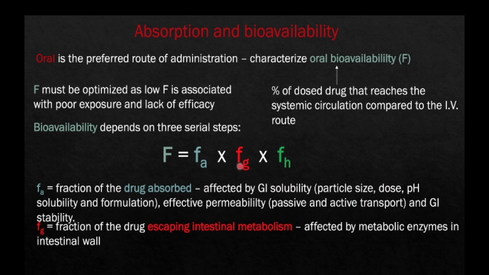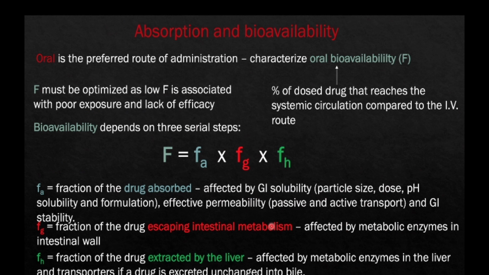Fg is the fraction of the drug escaping intestinal metabolism, and that's affected by metabolic enzymes in the intestinal wall. And Fh is the fraction of drug extracted by the liver. That's affected by the metabolic enzymes in the liver and the transporters if a drug is excreted unchanged into the bile.